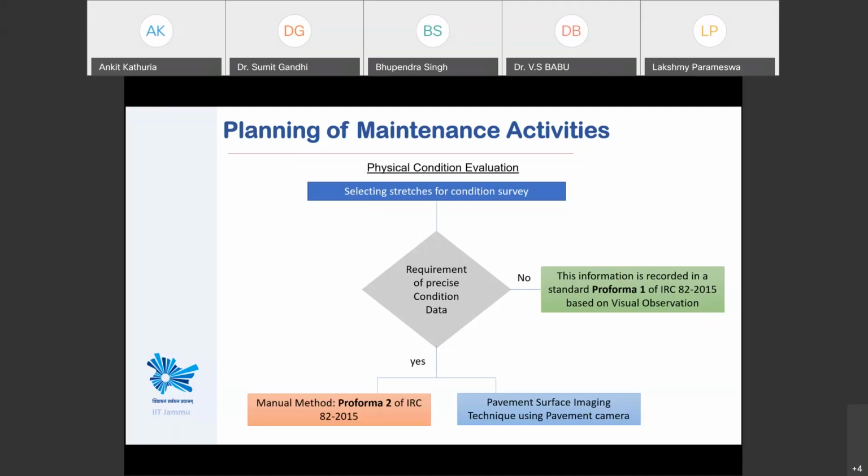On the other hand, the second, the blue box seen in this flowchart, is the pavement surface imaging technique. This is an advanced instrumented technique by which you collect the distress condition of the pavement. So these are the two ways to carry out the condition evaluation. And let's see further.